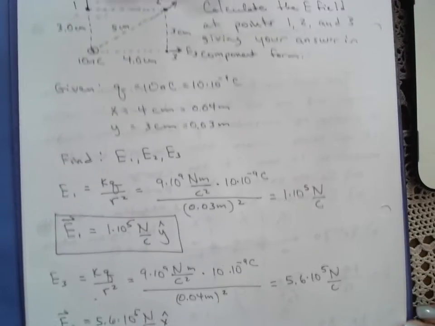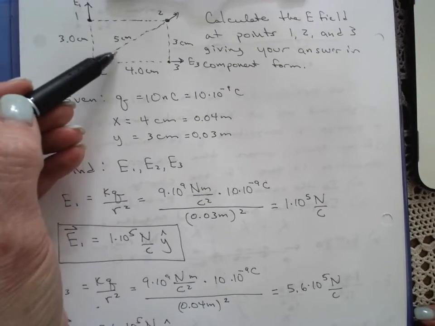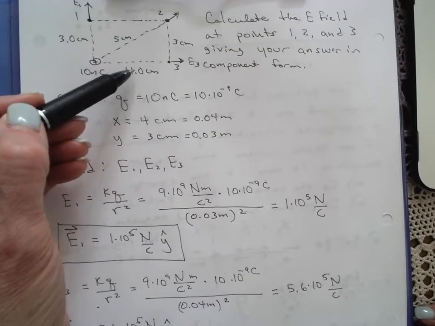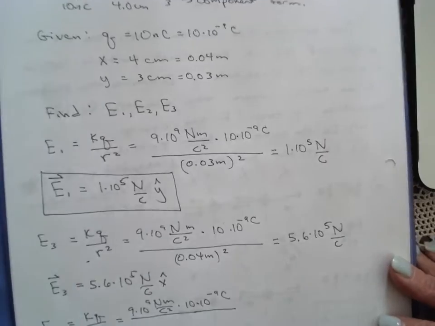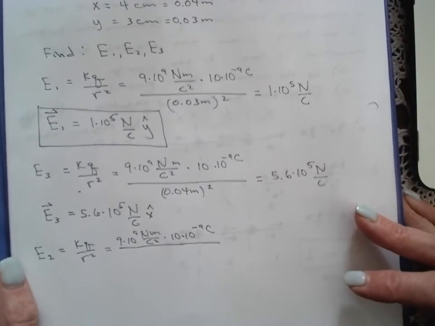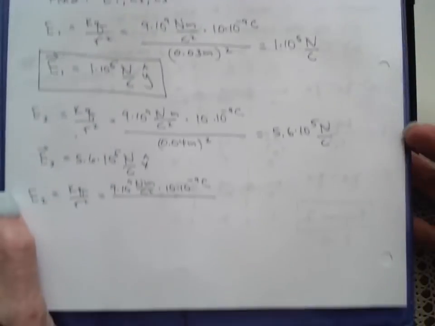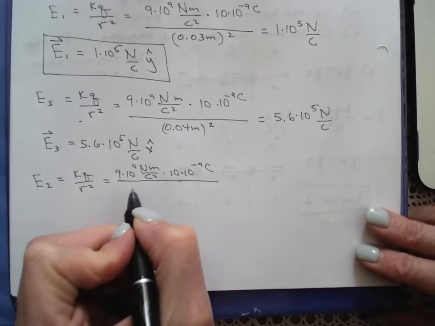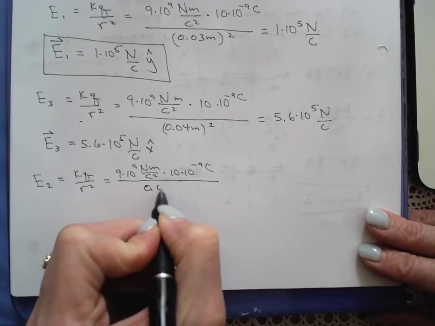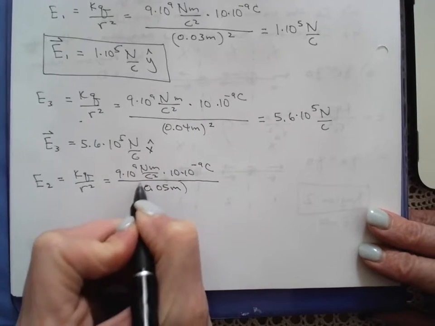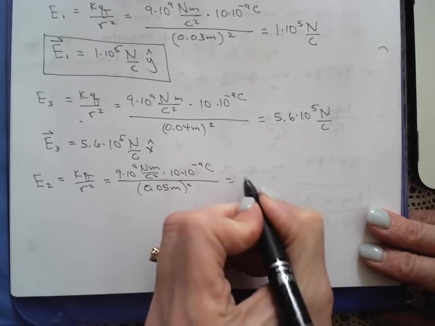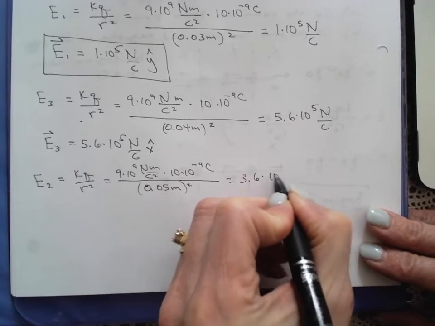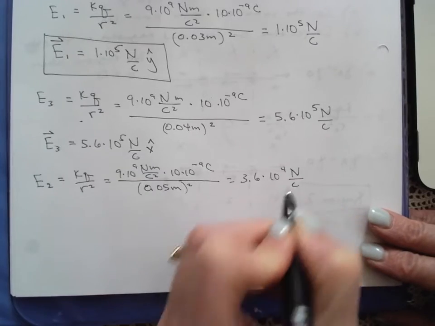If I don't have an easy triangle like that, I can just do the square root of 4 squared plus 3 squared to get the hypotenuse. But this one's easy, so we'll use it. So this is going to be 0.05 meters squared. And so this is equal to 3.6 times 10 to the 4th newtons per coulomb.